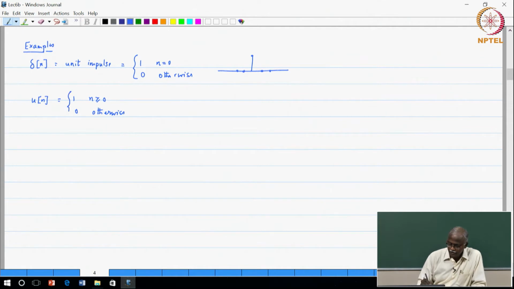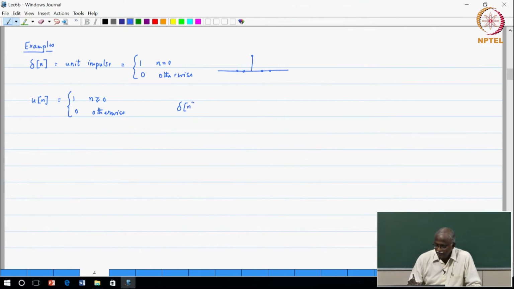Again, another very useful function when you want to ensure causality, right-sidedness, all of this comes into play. Now, there is a way of writing the unit impulse using the unit step, which is a handy tool for some applications.